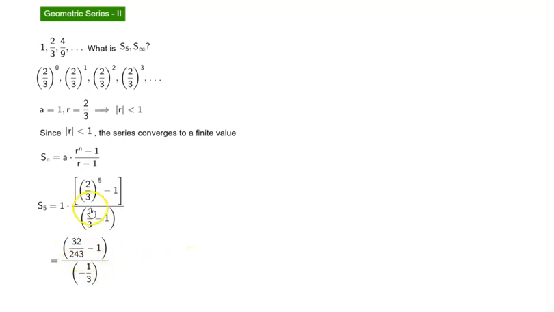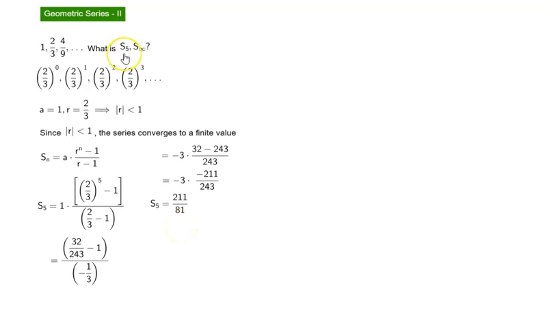So we have 2^5 is 32, 3^5 is 243, minus 1, divided by 2 minus 3 by 3, that is minus 1 by 3. Let's bring this to the numerator. We get minus 3 times (32 minus 243) by 243. Simplifying it, we get S5 is equal to 211 by 81.